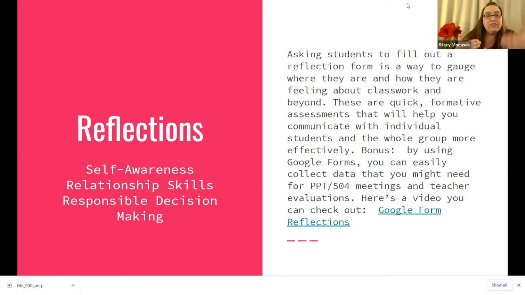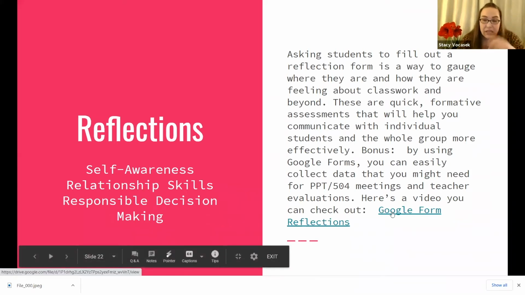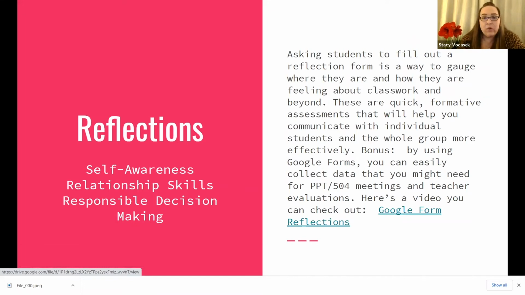Once you make one reflection sheet on a Google form, all you have to do is make copies of it to pass it out again, and then you have that data. And that's great data too for PPTs and 504s, for evaluations, for anything. And I made a video here that you can click on and watch about making those Google form reflections.